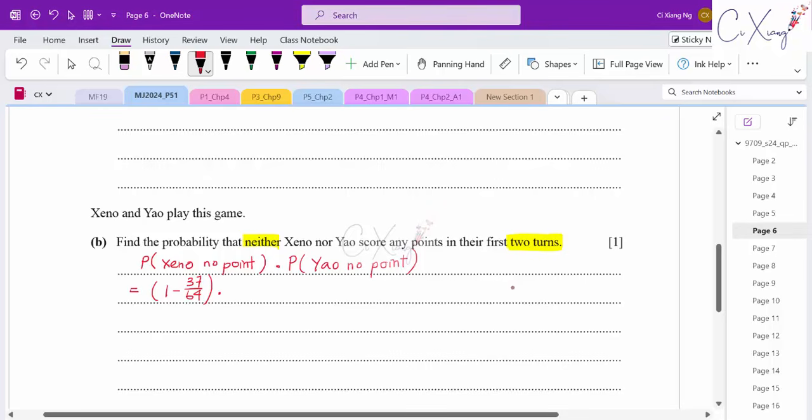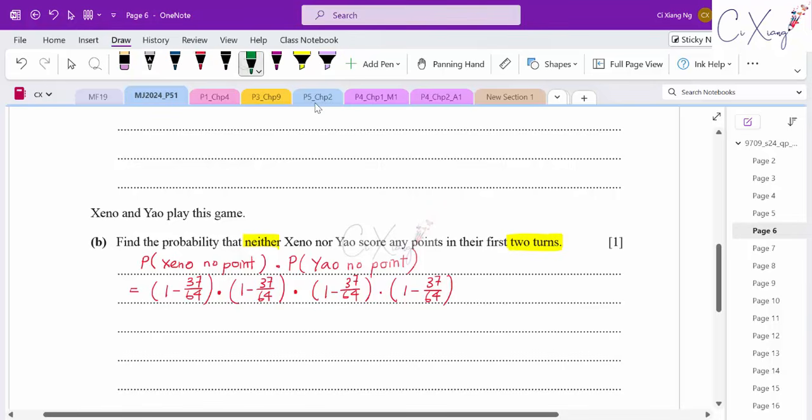Because they both play 2 turns, for Zeno the second turn is also 1 minus 37 over 64. Then it's Yao's turn, also the same. They didn't score any point on the first turn and also didn't score any point on the second turn.